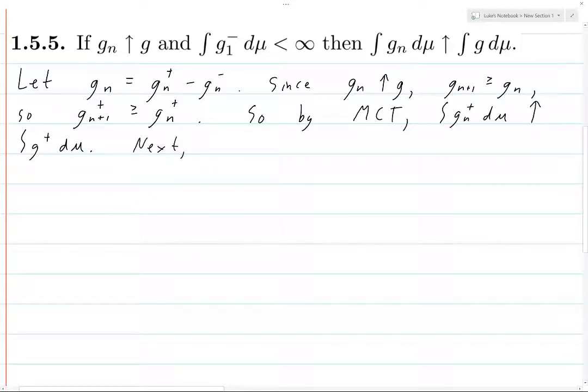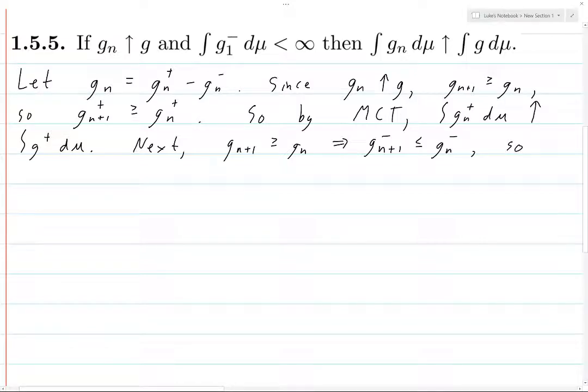So next, gn plus 1 is greater than gn. So the opposite is going to happen here. When we look at minuses, gn plus 1 minus is going to be less than or equal to gn minus. So as n increases, the gn minuses actually decrease.